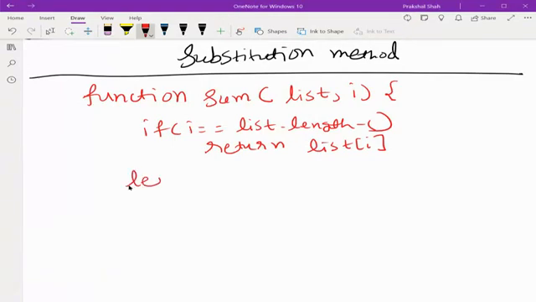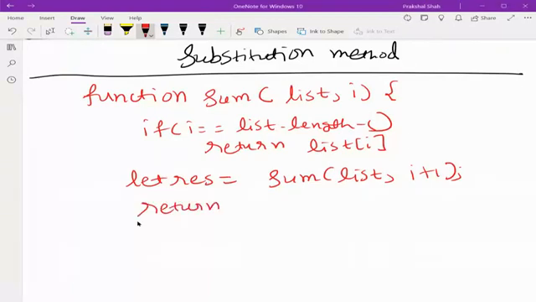Otherwise, I need to do this: let result be equal to sum of list comma i plus 1, and I need to return my result plus list of i. This is my question. If I'm not wrong, Priyanshu, this is what the question is.